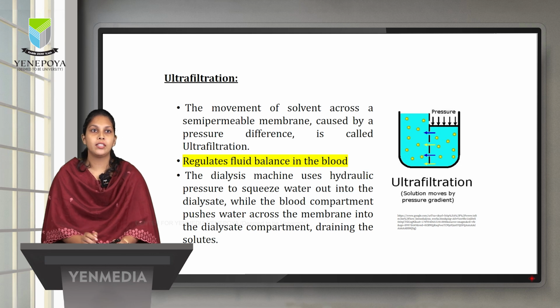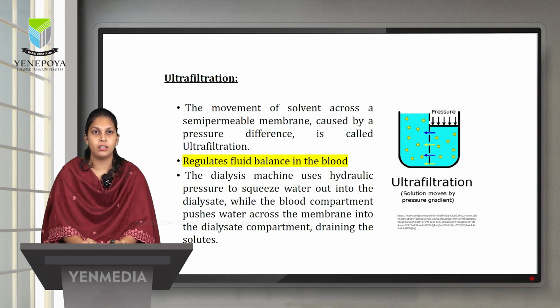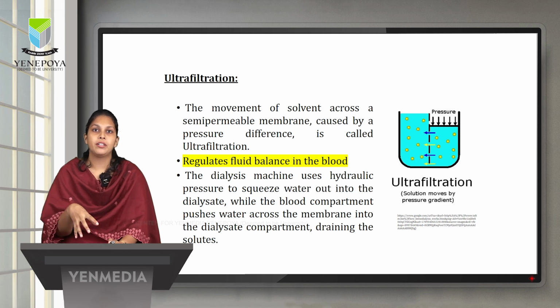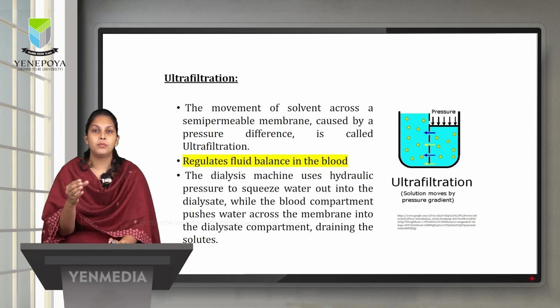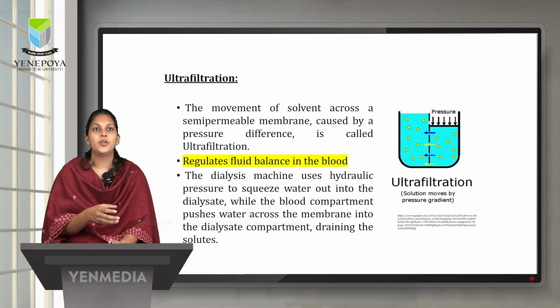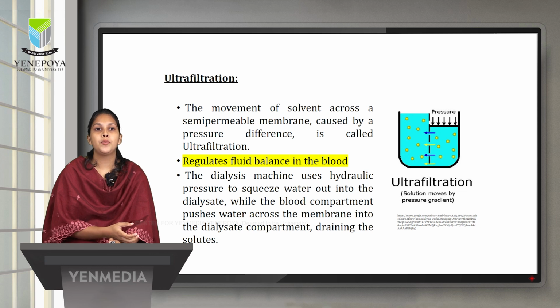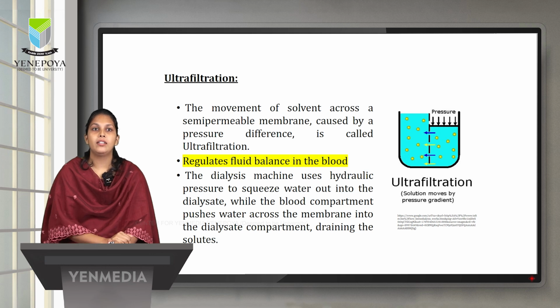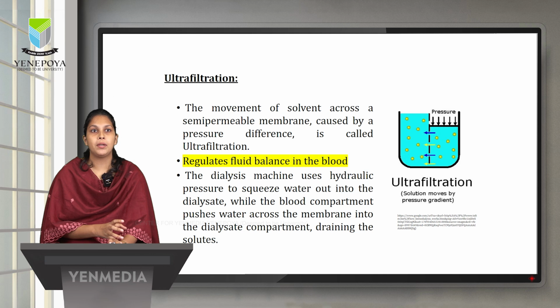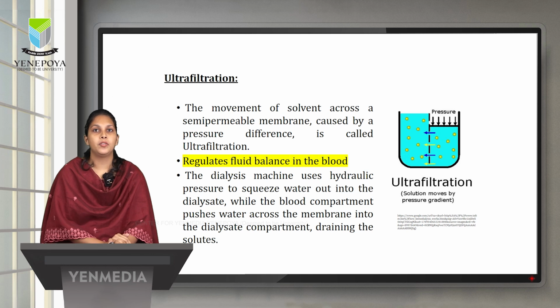We do this by applying pressure to the blood compartment with the help of the dialysis machine, so that the pressure squeezes water from the blood across the membrane into the dialysate compartment, and the dialysate, along with the excess water, is removed.